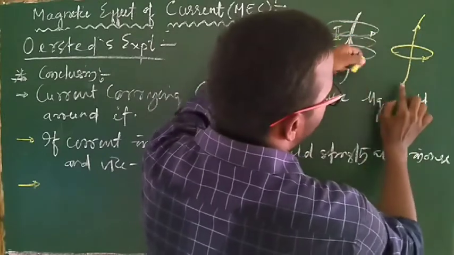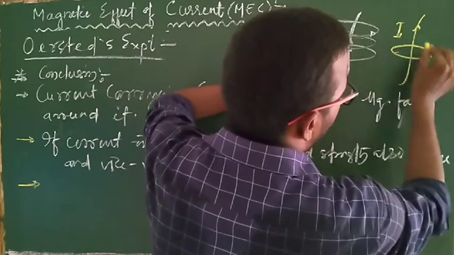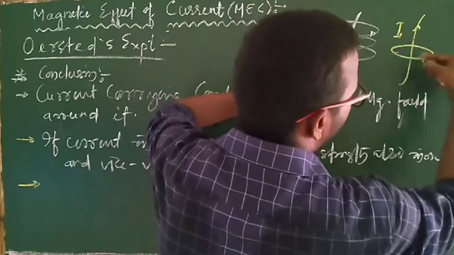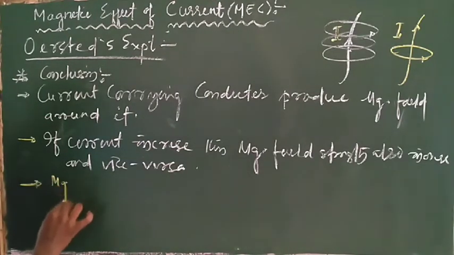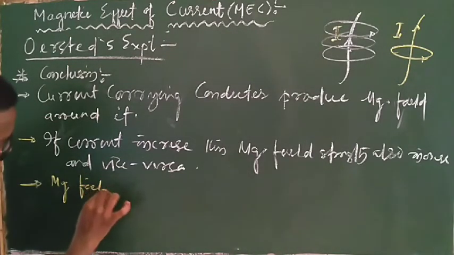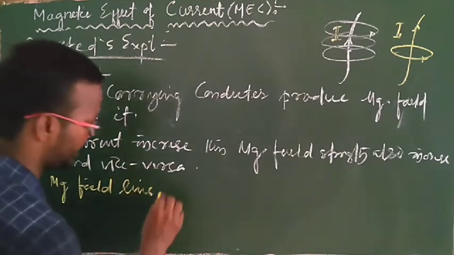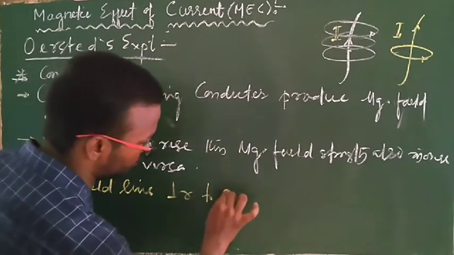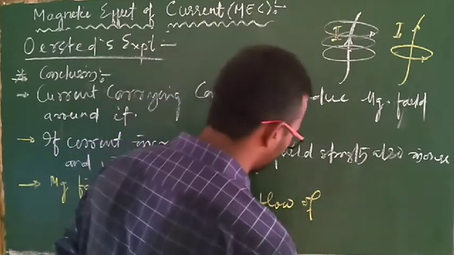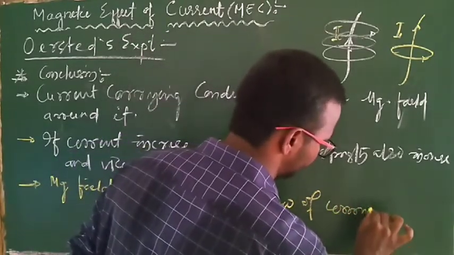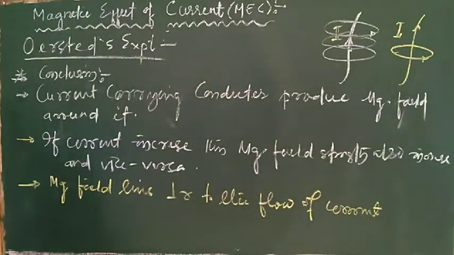That means if this is the direction of current and this is the magnetic field lines, then the magnetic field lines are perpendicular to the flow of current or conductor. Clear? Next point.